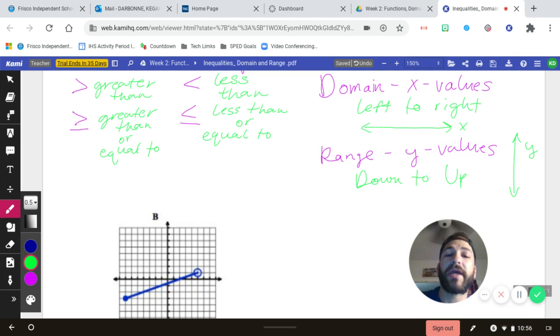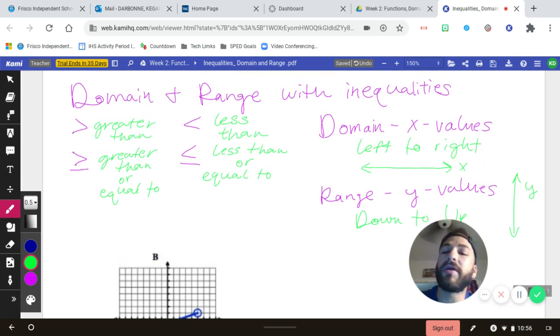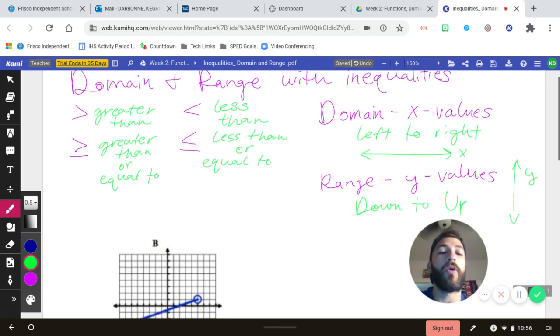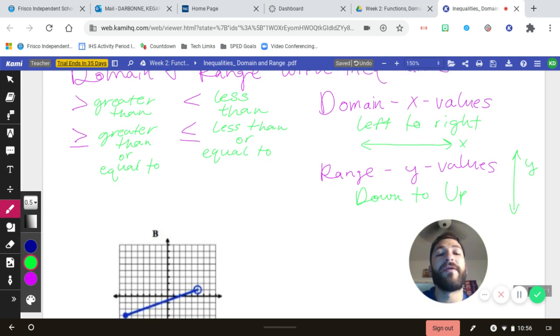Okay, so as a recap, we have 4 different inequality signs: greater than, greater than or equal to, less than, and less than or equal to. Our domain deals with x values, which are values as we move from left to right, and our range are y values as we move from downward values to upward values.